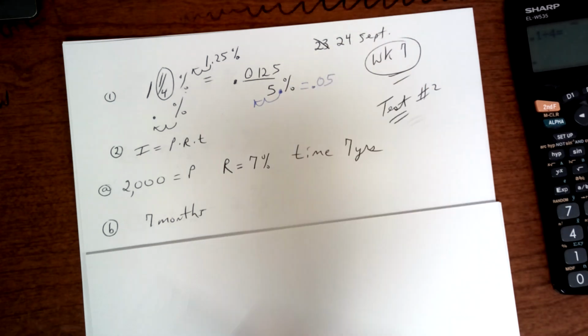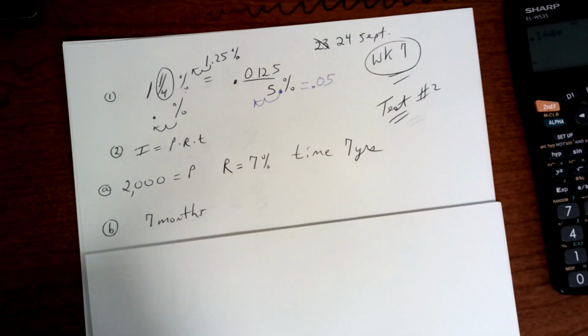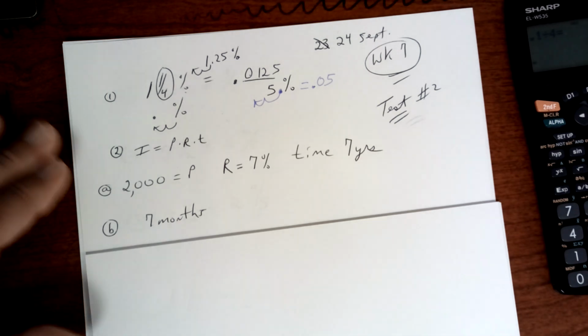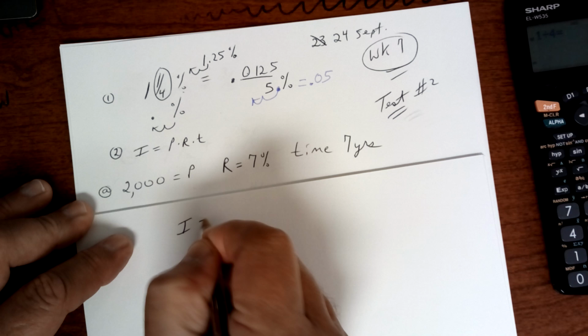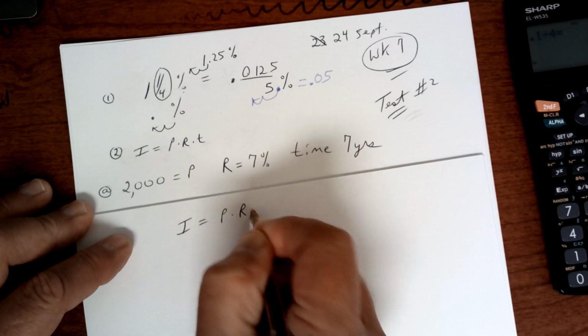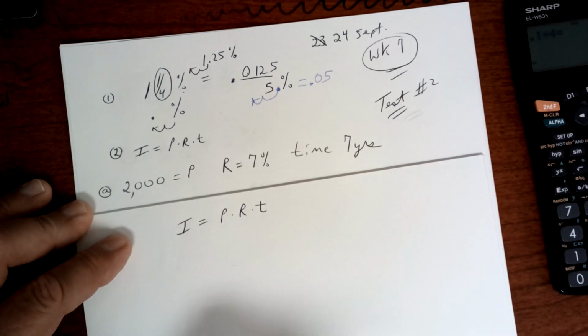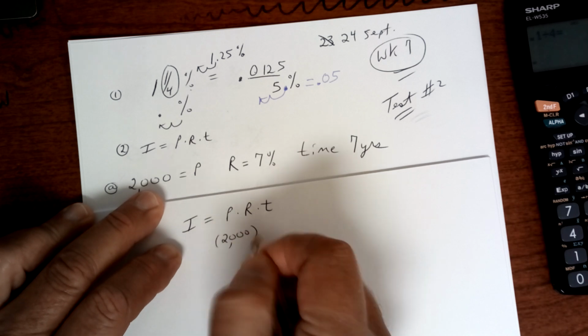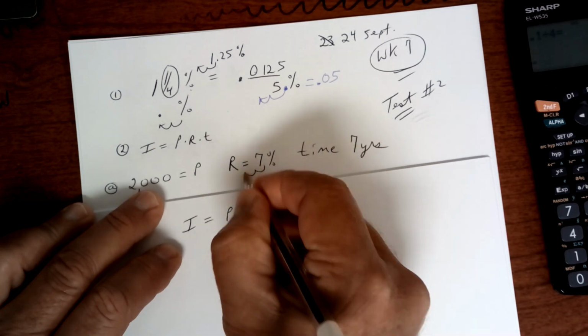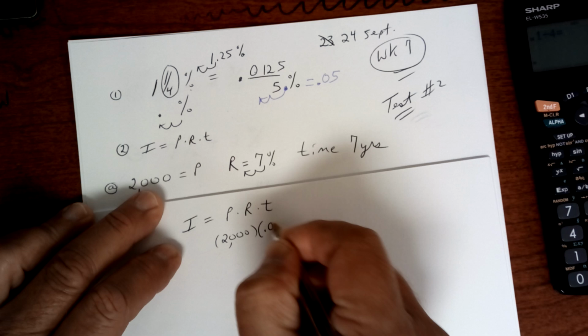or 5 cents. Okay? We were taught simple interest, which is interest equals principal times rate times time. Here's your principal, so that's 2,000. The rate is 0.07, and the time is 7 years.